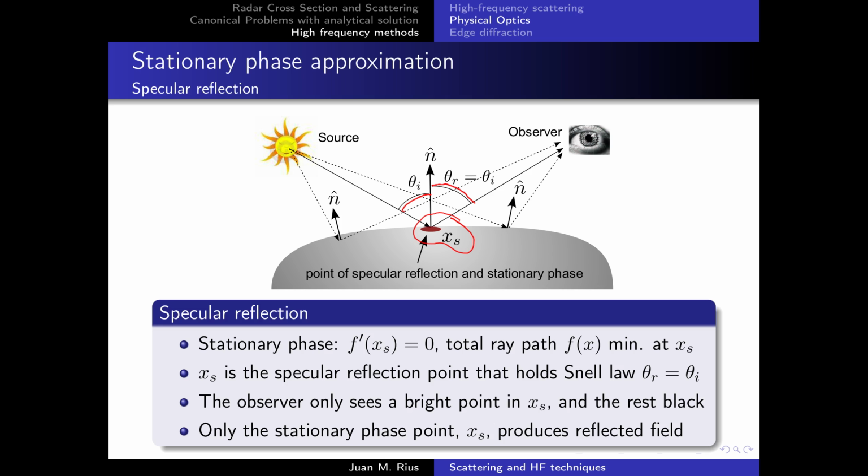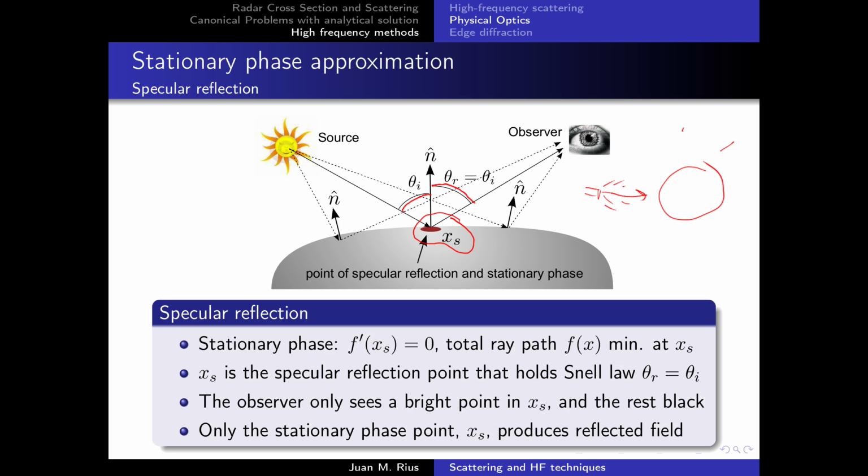For example, imagine that you are illuminating a perfectly metallic sphere in a dark room. You are illuminating it with a torch. What do you see? You only see a point on the sphere. You have a sphere here, and your torch here producing some light.